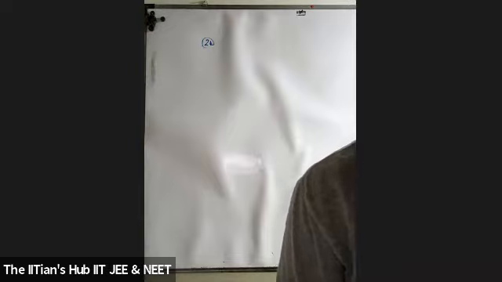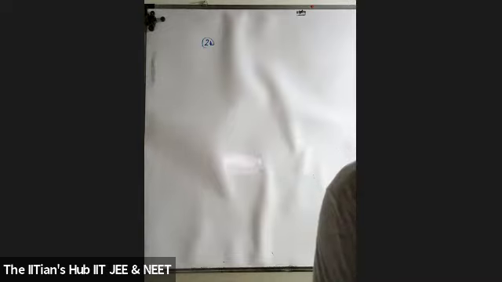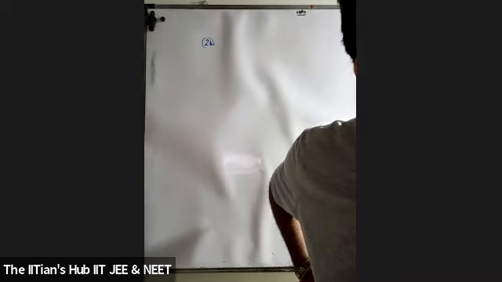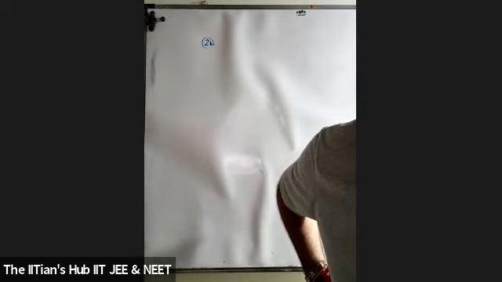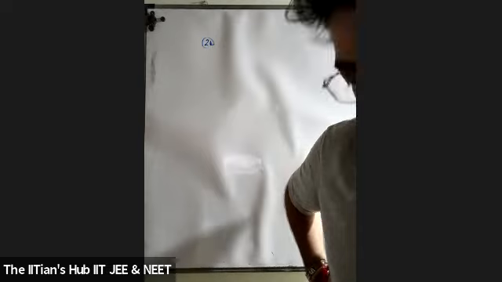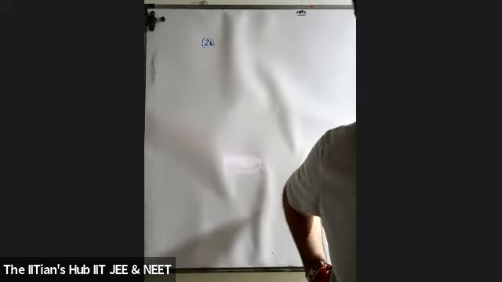The velocity is given as 30 meter per second, and it makes 30 degrees with the vertical, so it will make 60 degrees with the horizontal. So theta equals 60 degrees. The formula for maximum height is u square sine square theta by 2g. We substitute 30 square sine square 60 by 2 into 9.8, and we get 34.44 meter.